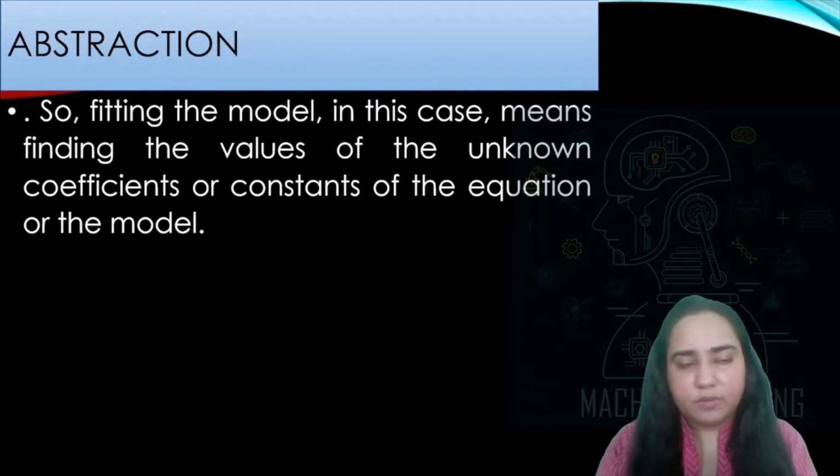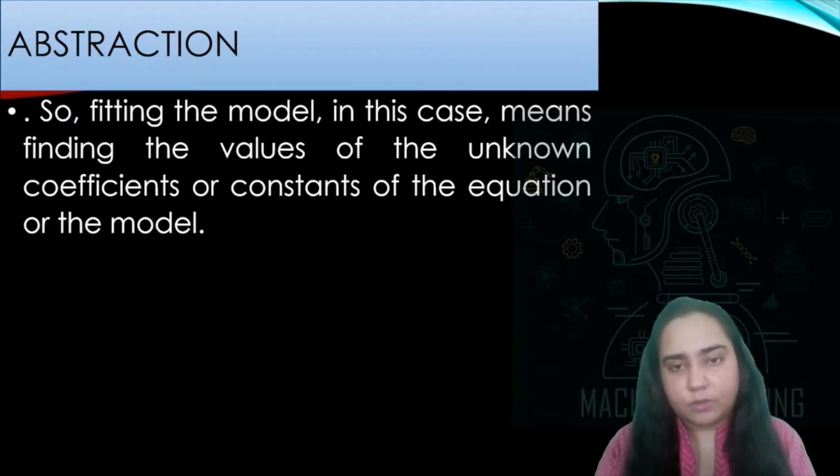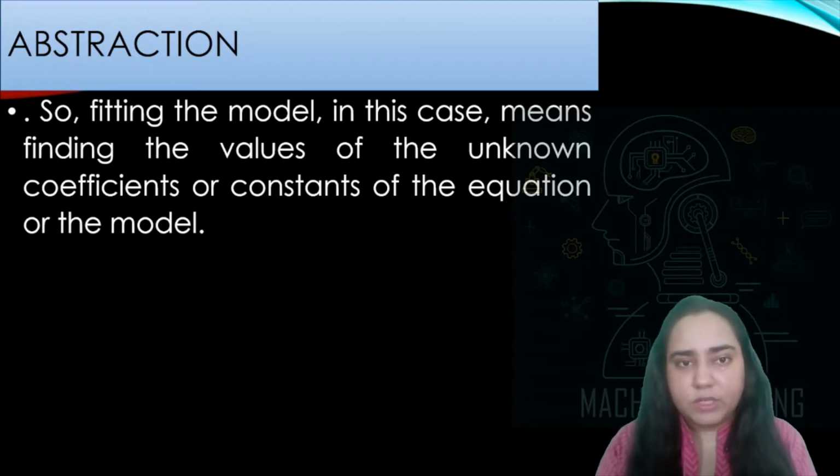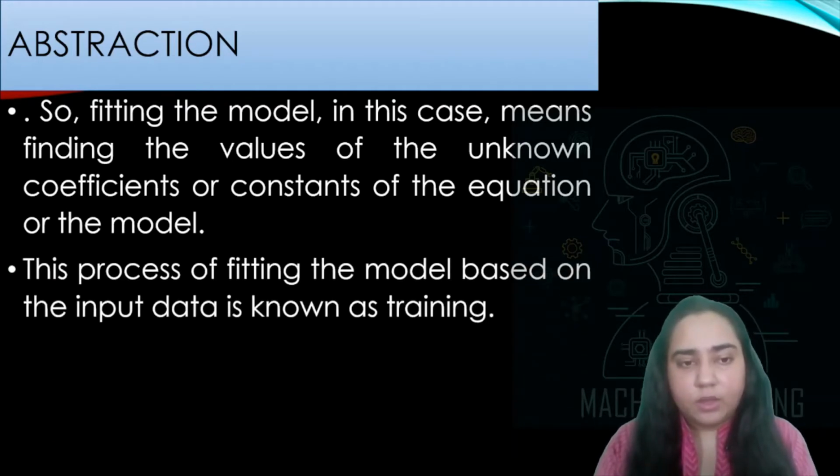So fitting the model in this case would mean finding the values of the unknown coefficients or constants of the equation of the model. If you can find c1 and c2, that means you are actually able to fit the model. And the process of fitting the model based on the input data is known as training. The idea behind this is that you have some input data and you want to summarize it using this one equation.